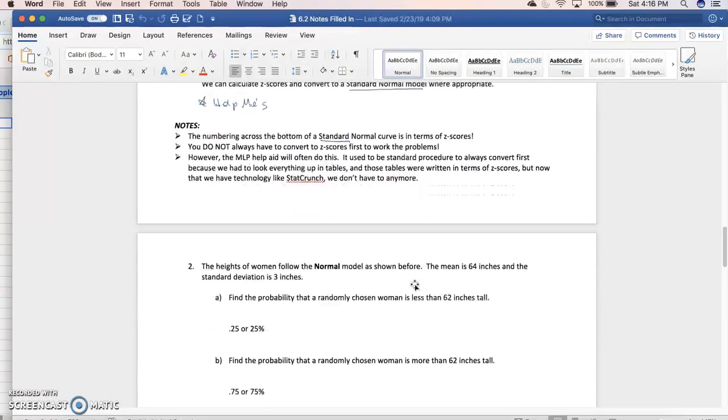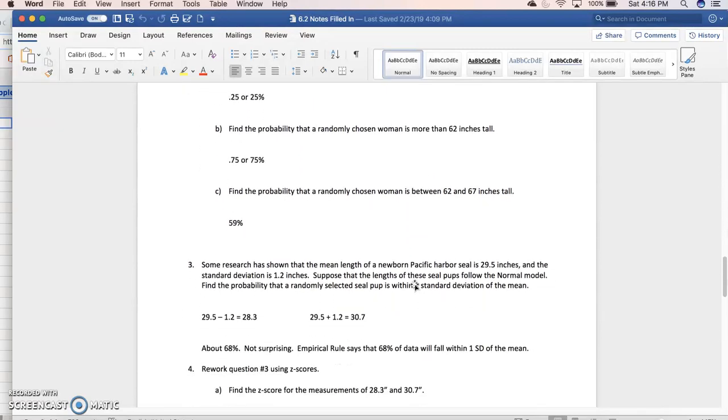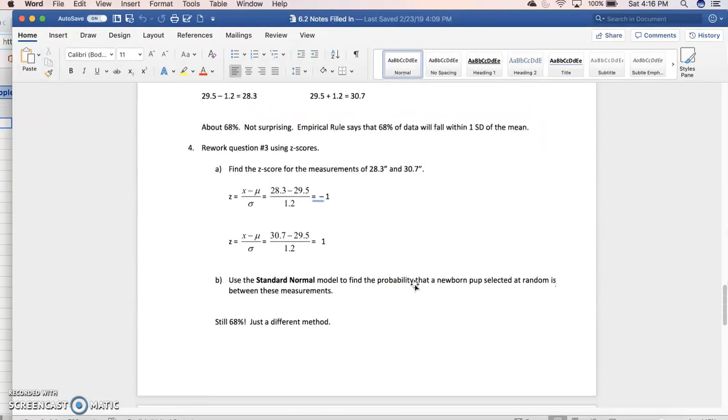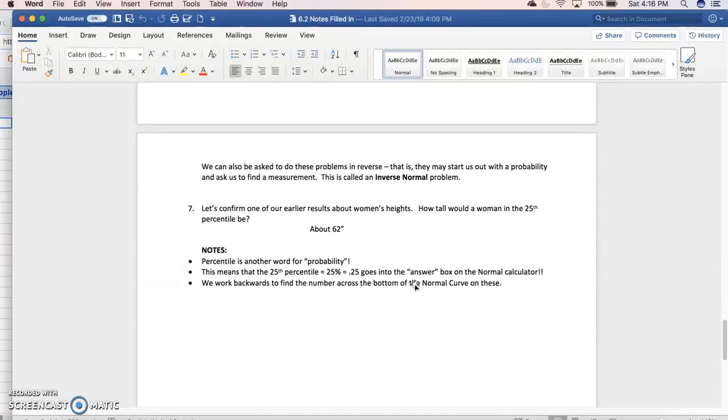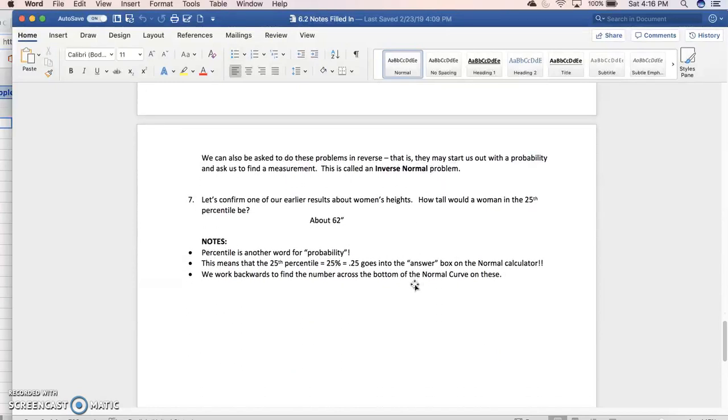If you want to go back to where we talked about the inverse normal in our notes, you would want to check out question number 7, the very last question we did in 6.2. So they start you out with a probability, or again, another word for probability would be area or percentile, and they want you to work backwards and find those z-scores or find the value along the x-axis.